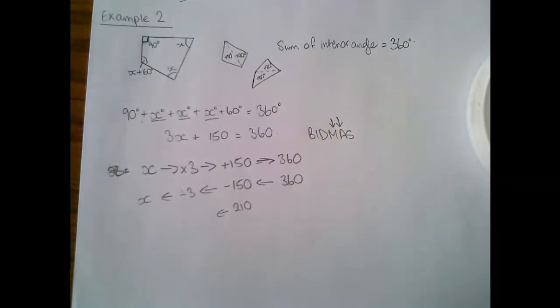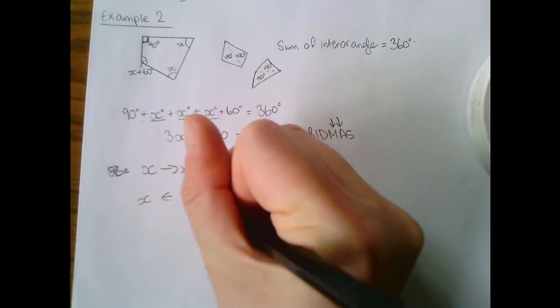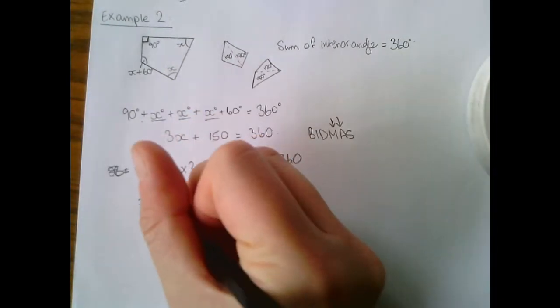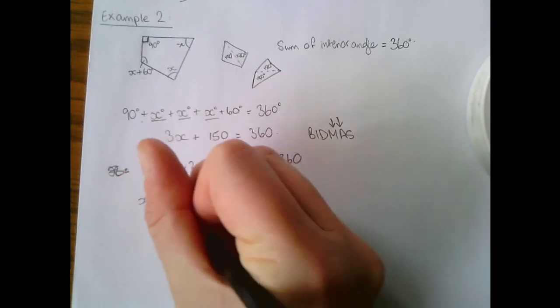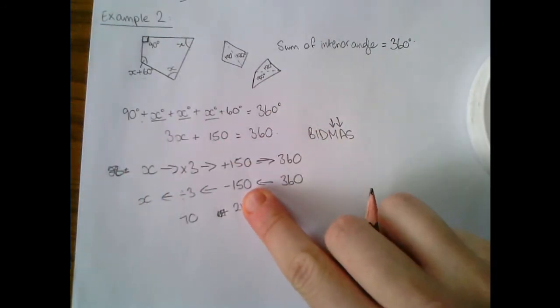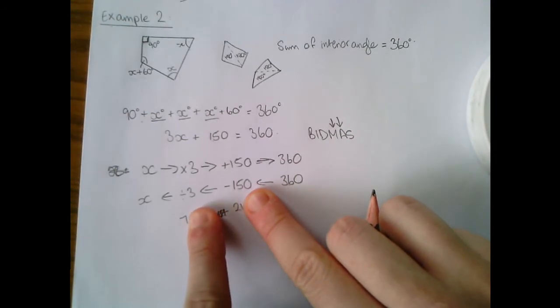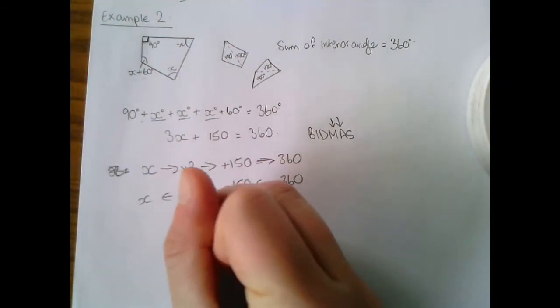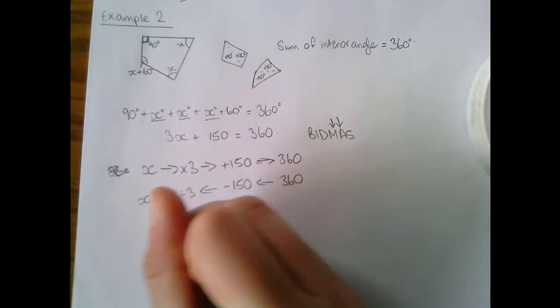Then 210 divided by 3, a little bit trickier, is going to be 70. I would ignore that 0 on there. What's 21 divided by 3? You know that's going to be 7. So just pop the zero back on and there you go. So x is equal to 70 degrees.